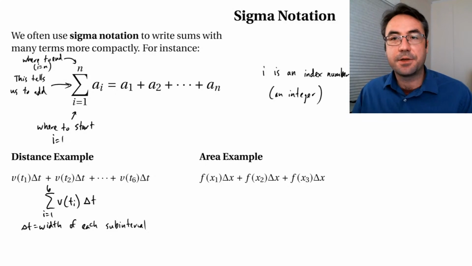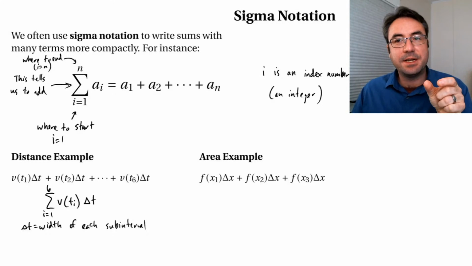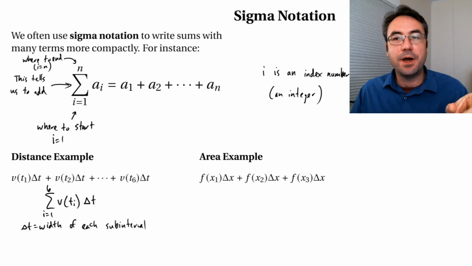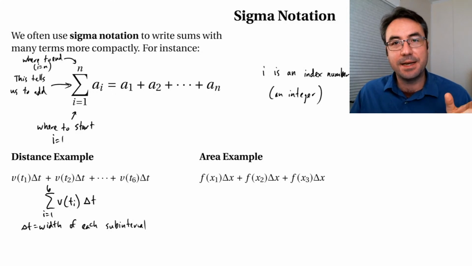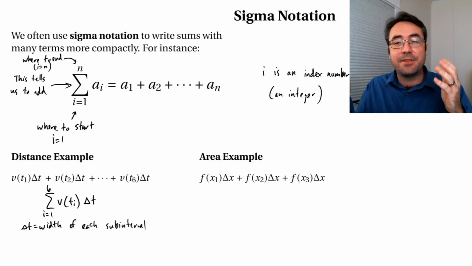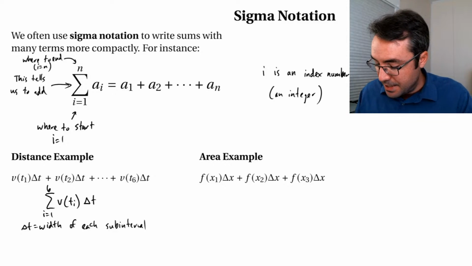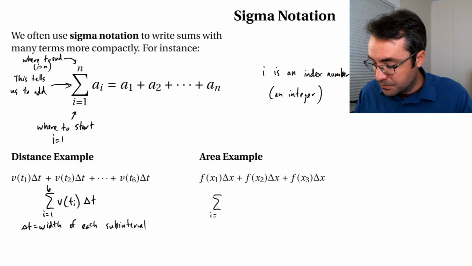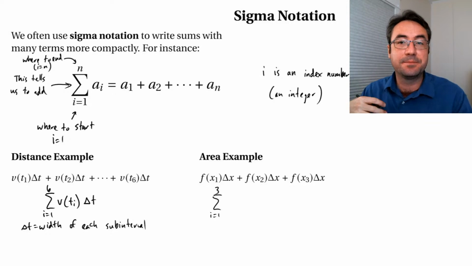Now in our area calculation, we took our first known height times delta x, then our second known height times delta x, and then our third known height times delta x, and added those together. If we were to write this in sigma notation, it would be sigma i equals 1 to 3. So we're adding up 3 gadgets there.